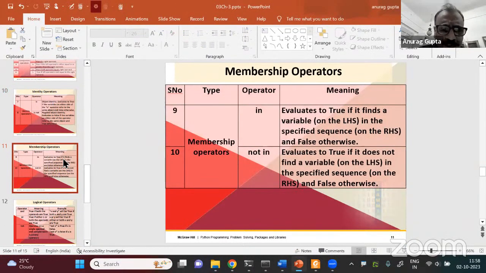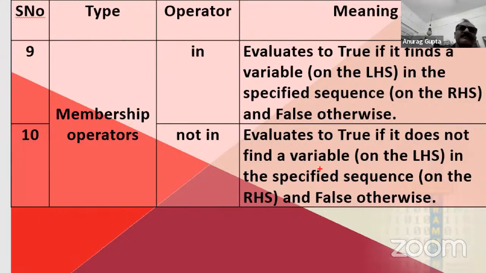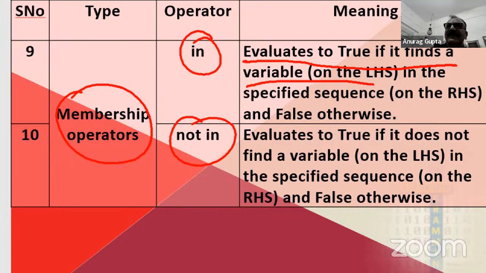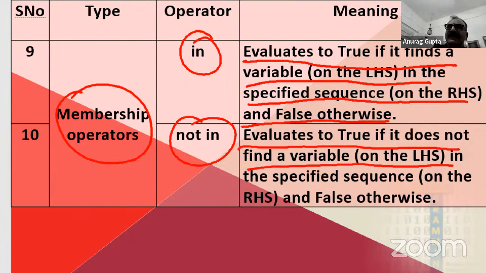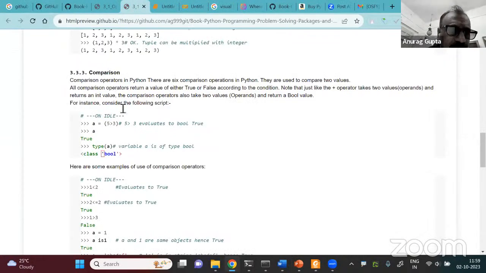The other operators are in and not in. These are called membership operators. In evaluates to true if it finds the variable on the LHS in the specified sequence on the RHS, and false otherwise. Not in evaluates to true if it does not find the variable on the LHS in the specified sequence on the RHS, and false otherwise. It's very simple and easy.